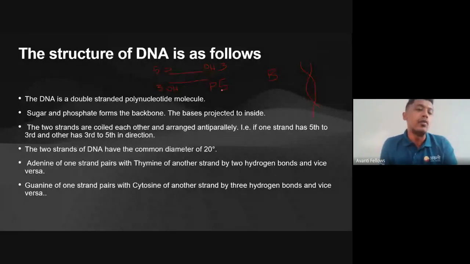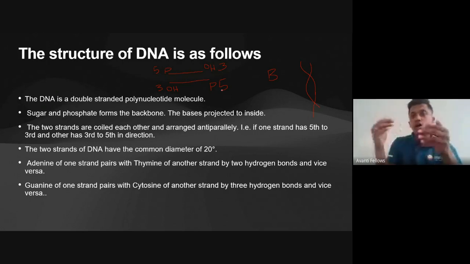The chemistry is very, very simple. If I give you a double helical structure of DNA and ask you to recognize which is a 5' end and which is a 3' end, we are talking about molecules and atoms, so you would not be able to recognize it with your bare eyes. You need a chemical analysis to understand which is the 5' end and which is the 3' end, and that is very simple. At the 5' end, there is a free phosphate group, which projects like a head.